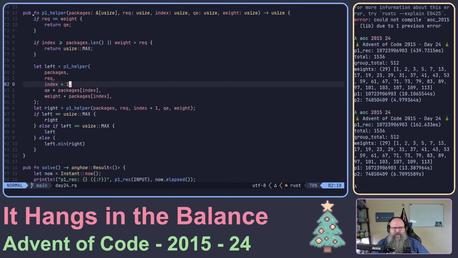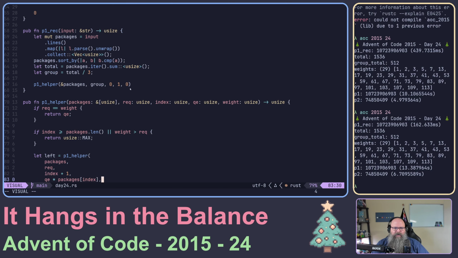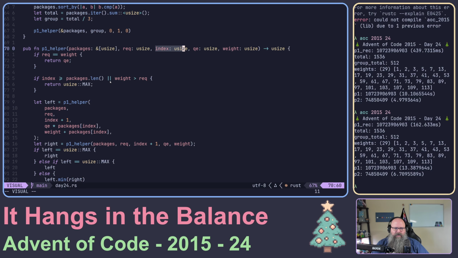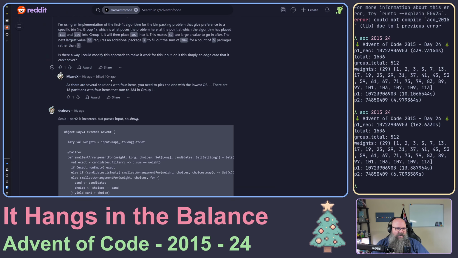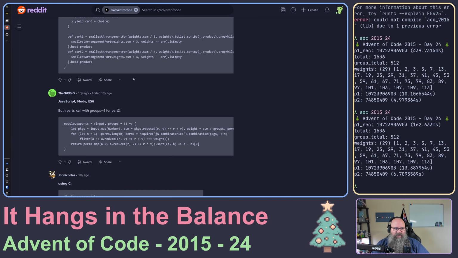Like, my thinking is this one actually does try them all, because the only way to do P1 helper is to know which one it is, to have gone through all the other derivative of the P1 helpers. Oh, it's the index, right? Okay. I'll have to think about this. If you know why this solves, I would love to hear it.